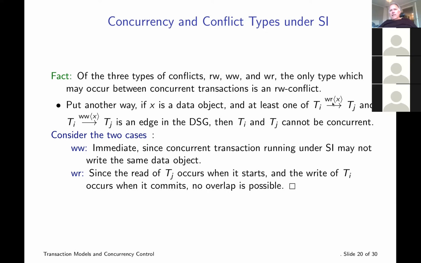So if it's write-read, that means J read from a write of I, which means they're not concurrent. They can't be occurring in overlapping time spans, right? Does that make sense? I hope.